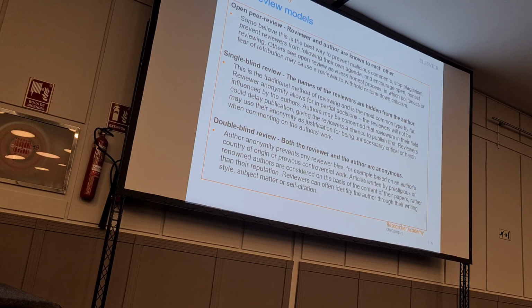For the single-blind review, it's also interesting. That's how we are normally doing it at Dissemination. The reviewer knows whose paper it is, but the authors don't know. It's very good. So the reviewer can give a very critical comment, but sometimes it's too critical.